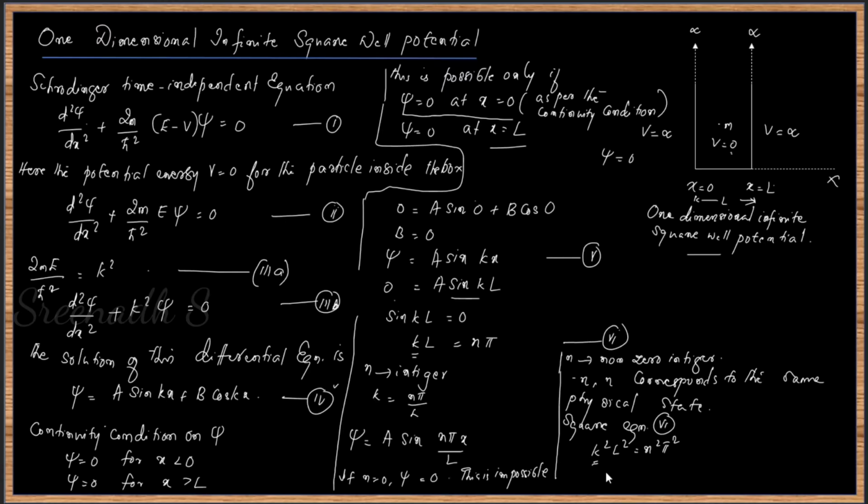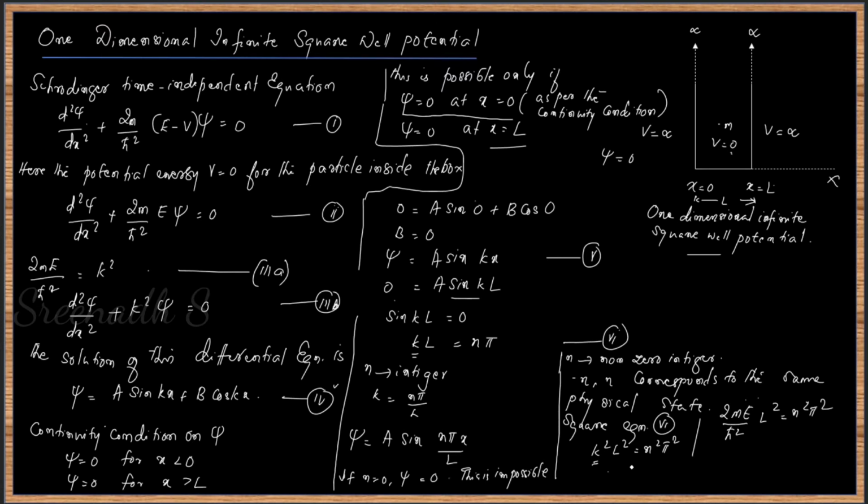So substitute that value 2mE by h cut square. So I will write here 2mE by h cut square into L square is equal to n square pi square. From here we can write the value of energy.